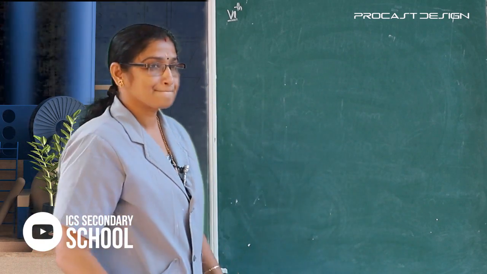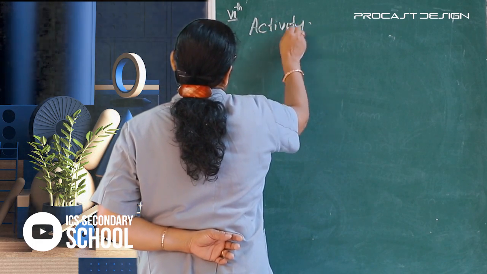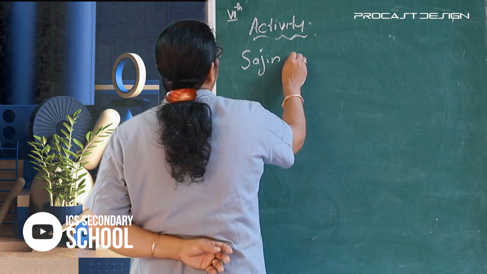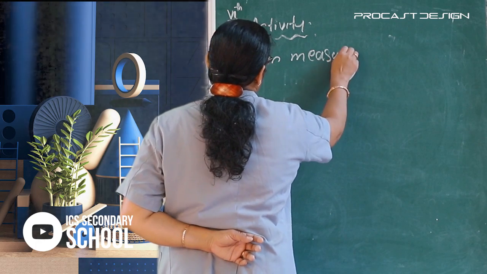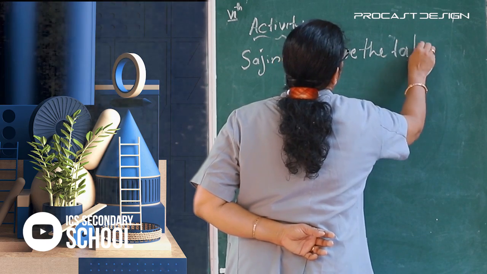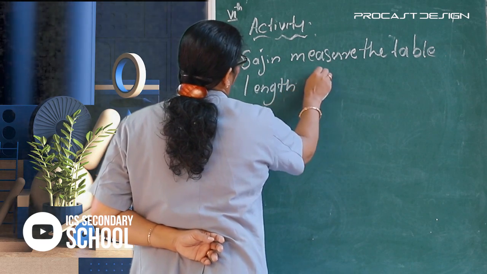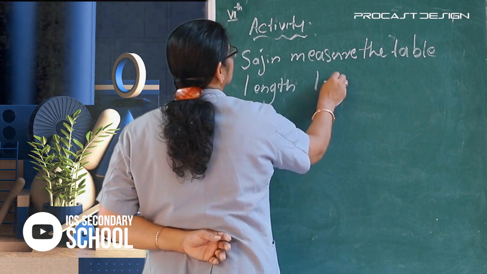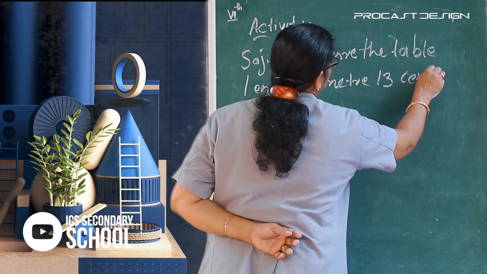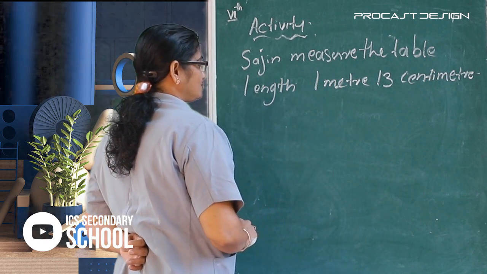Next activity. Sajin measured the table length, 1 meter 13 centimeter.